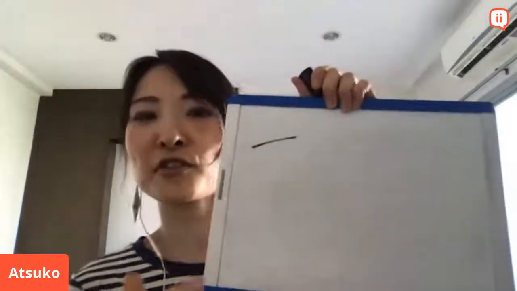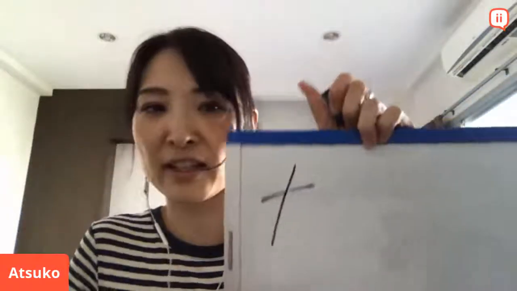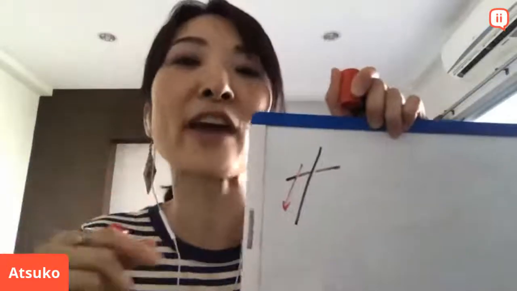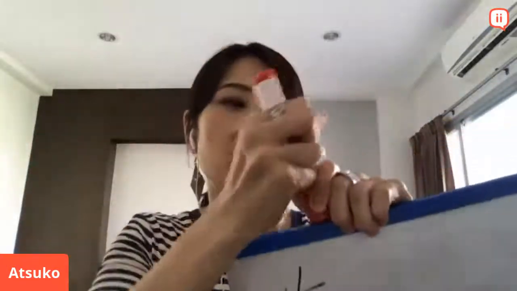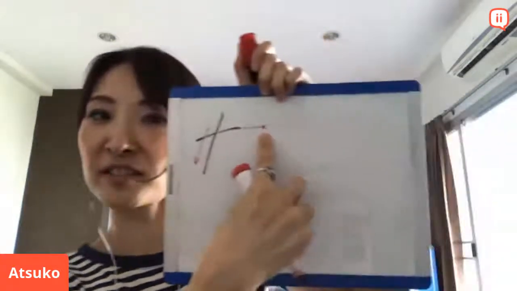This is first stroke. It's short. And second stroke to the left there. But it's not so long as た. And third stroke starts from here.